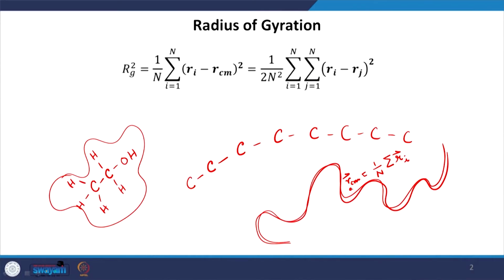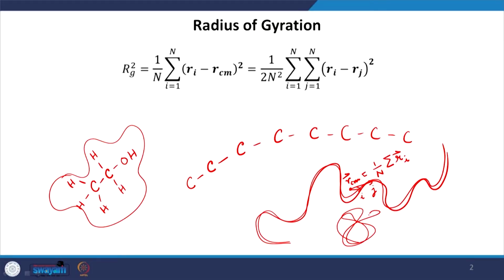And then you basically measure the distance of different units from this center of mass. And now if you square it and sum over all the units and then divide by the number of such units, what you get is a measure of the size of the polymer chain in this case, or any other molecule that you have.